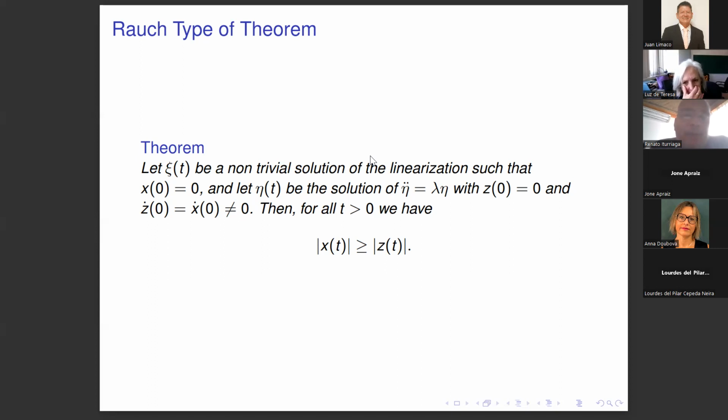This is a very similar theorem, inspired by the Rauch theorem. It says that if C is a non-trivial solution of the linearization with C of 0 equal to 0, and X of T is a solution of the constant coefficients equation with the same initial conditions and the same velocities, then for all T, X of T is greater than C of T.